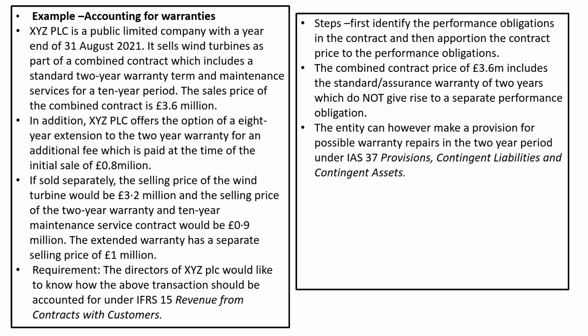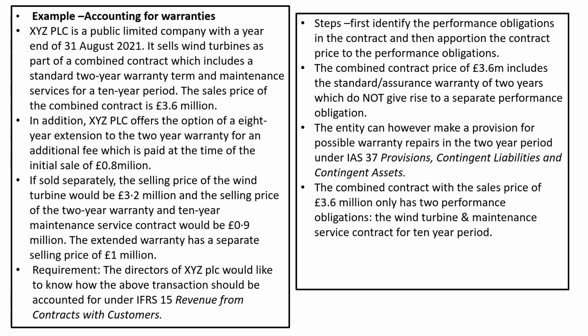The entity can, however, make a provision for possible warranty repairs in the 2-year period under IAS 37 provisions, contingent liabilities and contingent assets. The combined contract with a sale price of $3.6 million therefore only has two performance obligations, the wind turbine and the maintenance and service contract for a 10-year period.